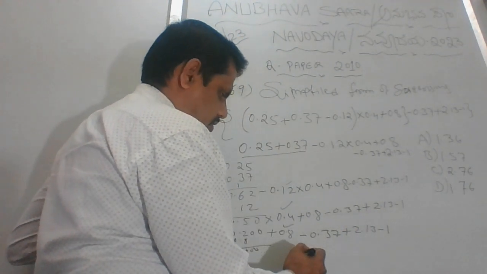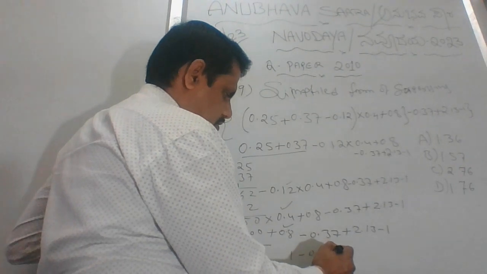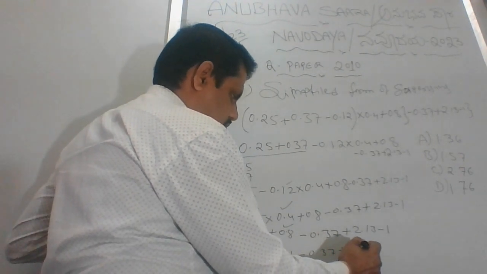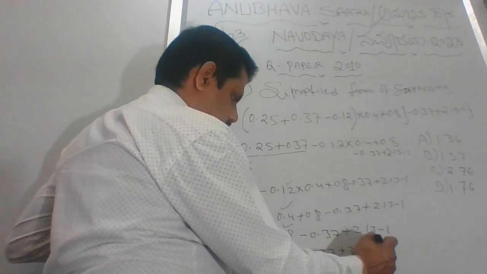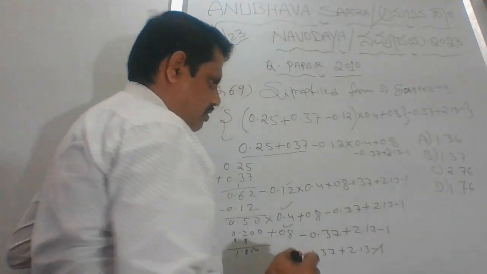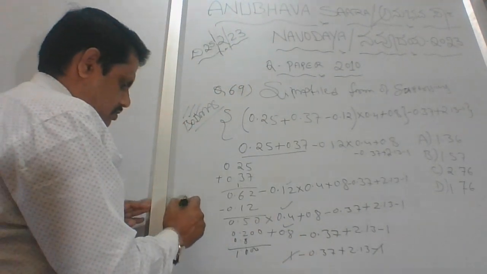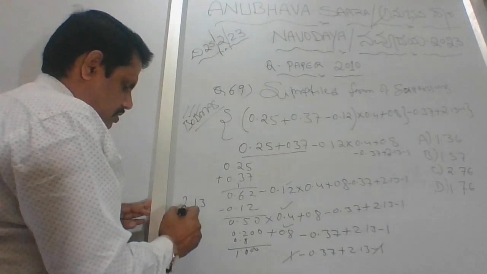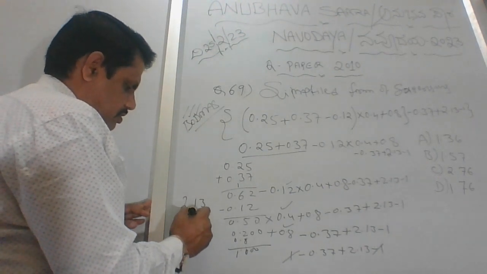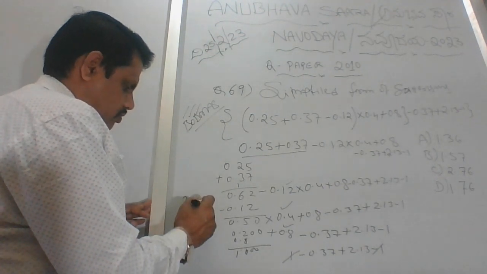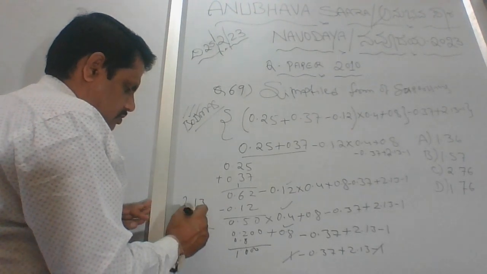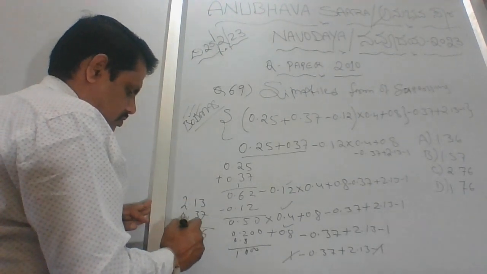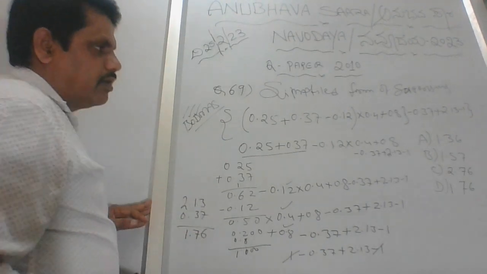So 1 minus 0.37 plus 2 minus 1. Minus 1 plus 1 is over. Then what have? 2.13 minus 0.37 more.